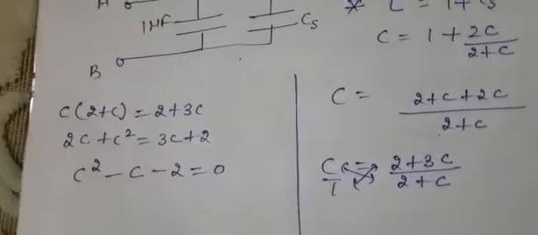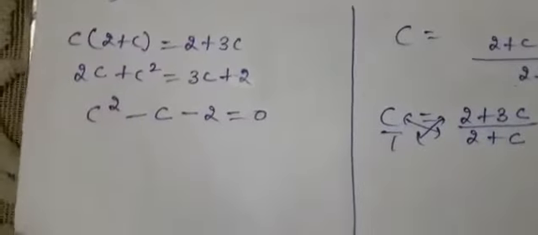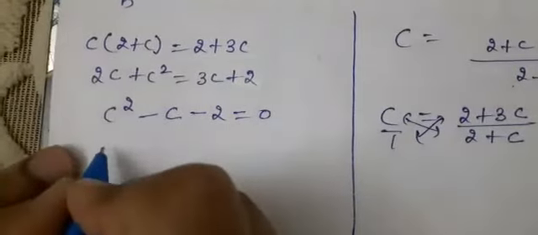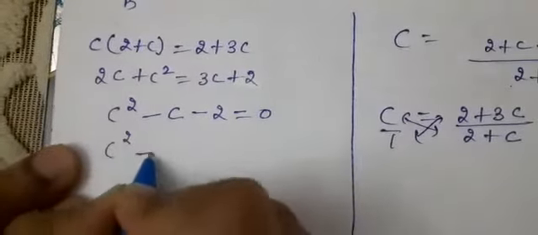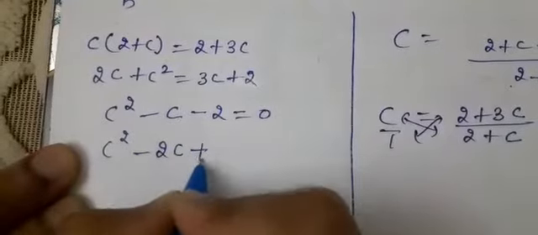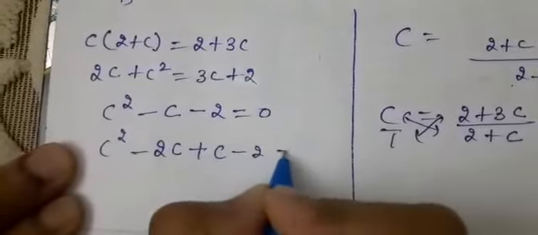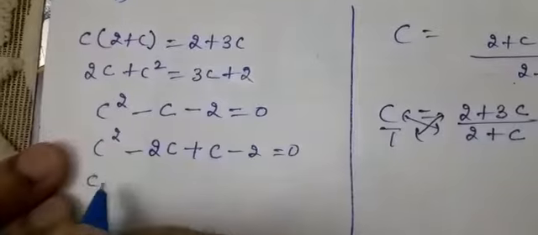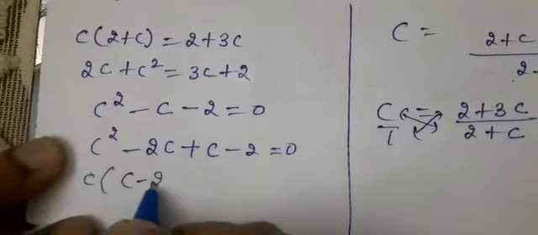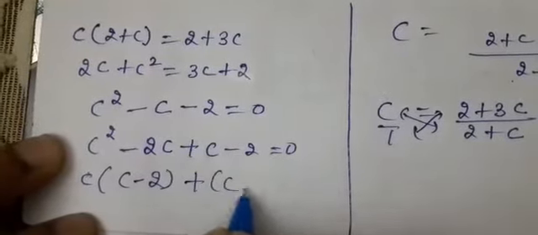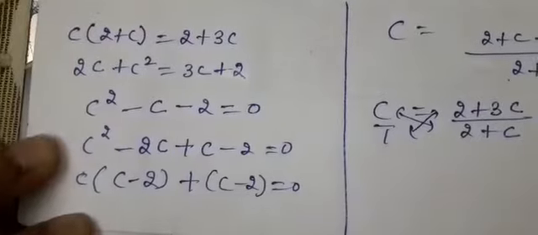Now, it's a concept of class 9 or 10. You can solve it easily. Just form the pairs: C square minus 2C plus C minus 2 equal to 0. Taking C common, C into (C minus 2) plus (C minus 2) equal to 0.